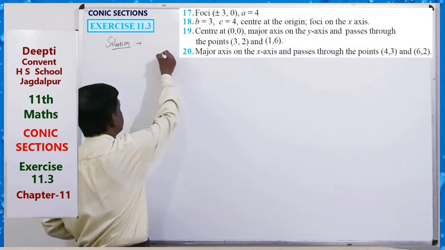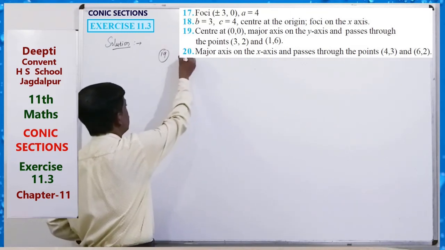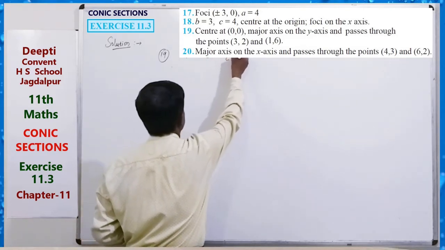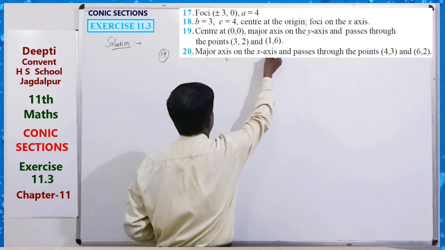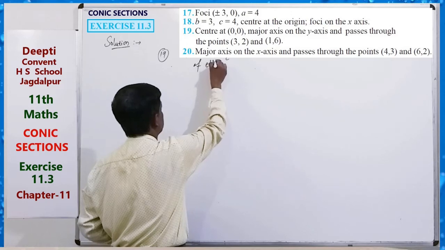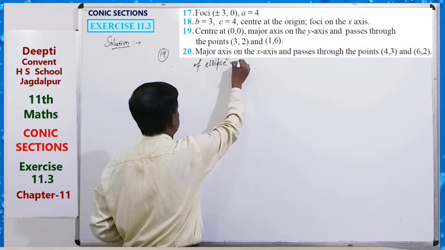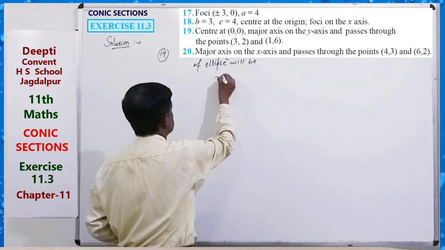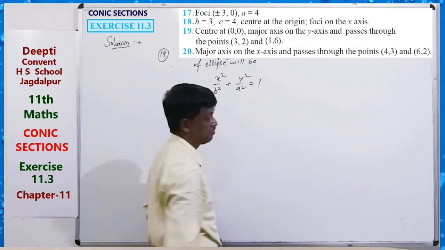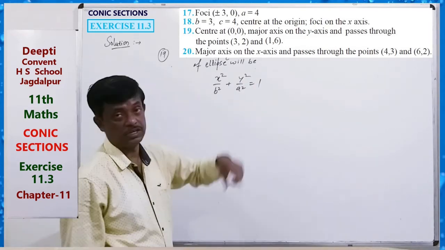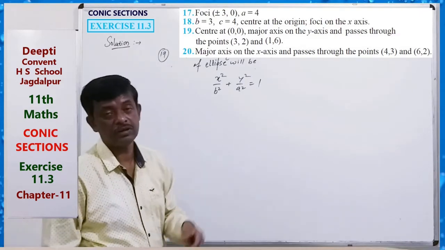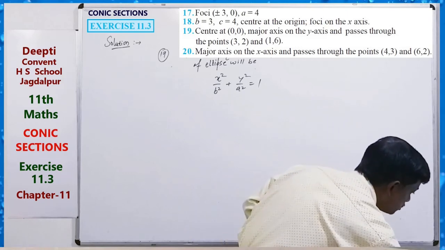So here, according to the question, the form of the ellipse will be x square upon b square plus y square upon a square equals 1, because the major axis is on the y-axis.